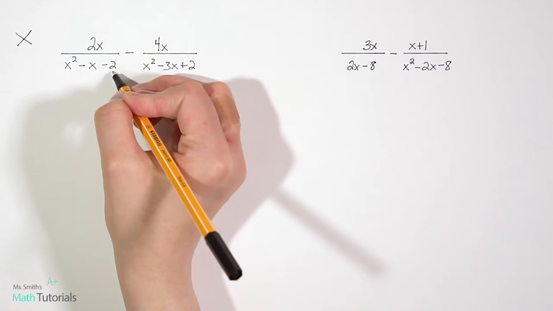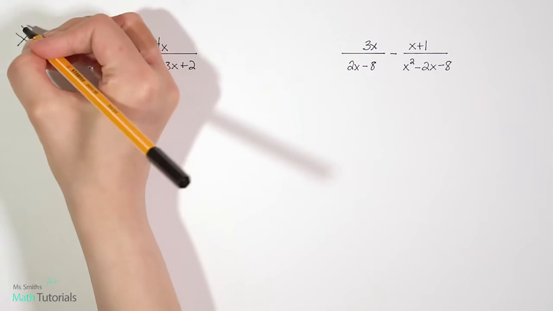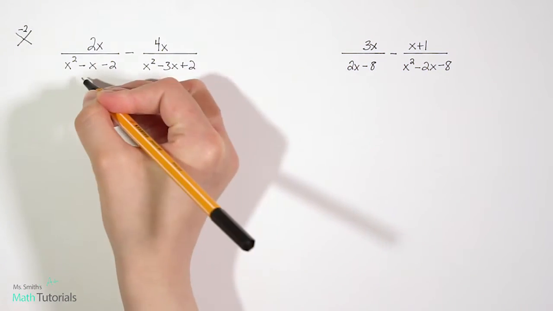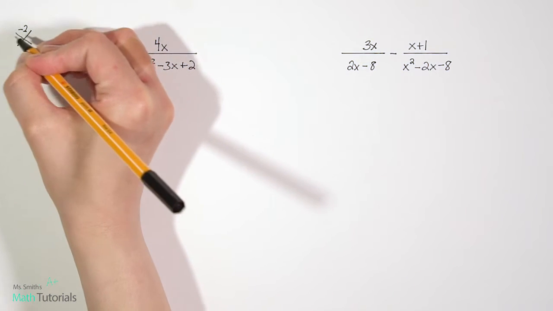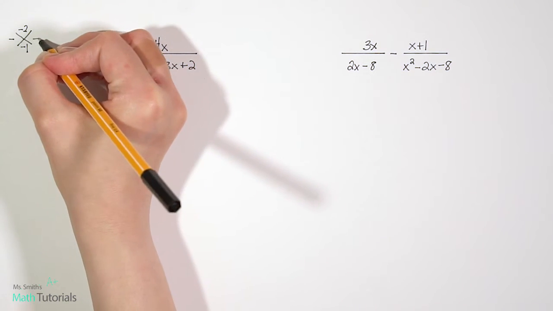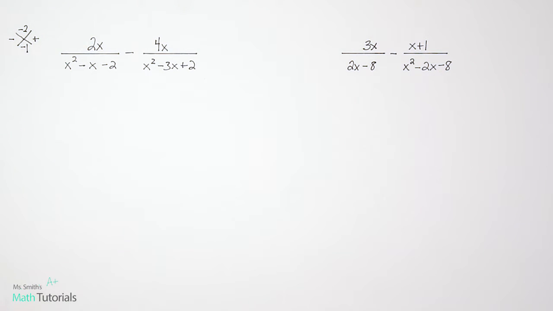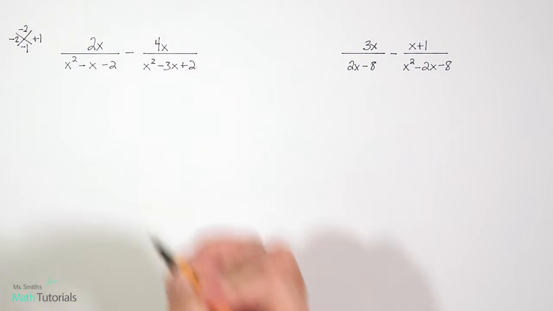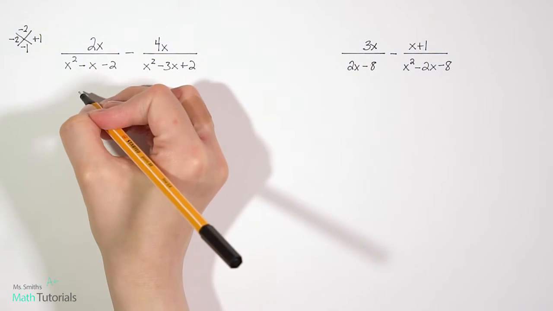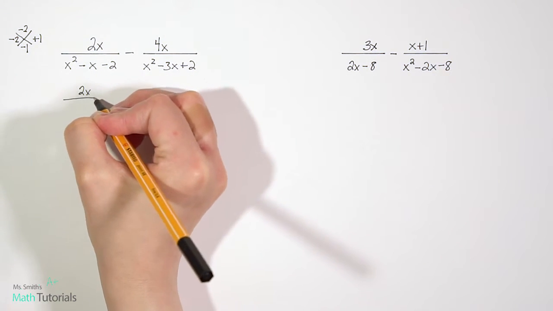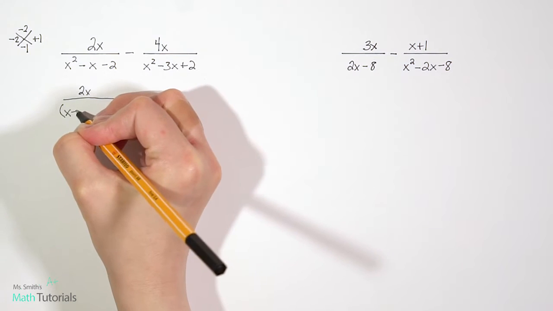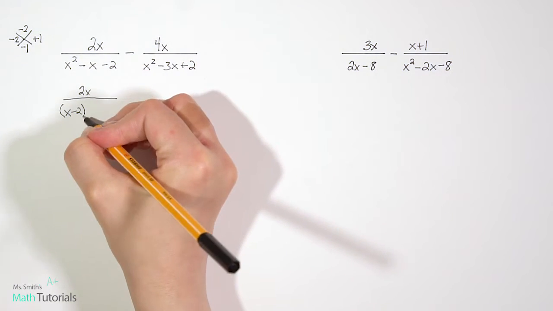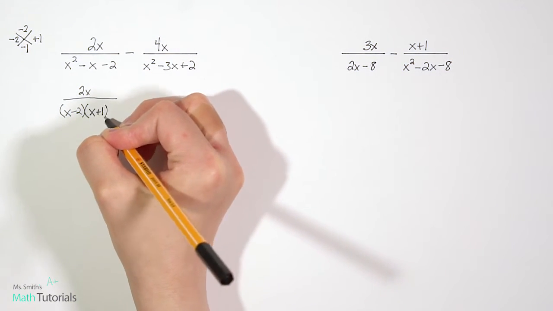For this first one, a times my c is going to be a -2, and my b is going to be a -1. I know my signs would be a negative and a positive, and that would be a -2 plus 1. So let's rewrite this. We've got a 2x over x minus 2 from right there, and x plus 1 from right there.